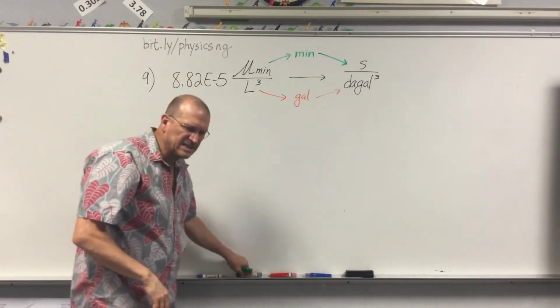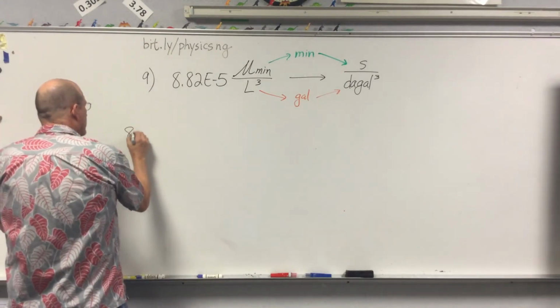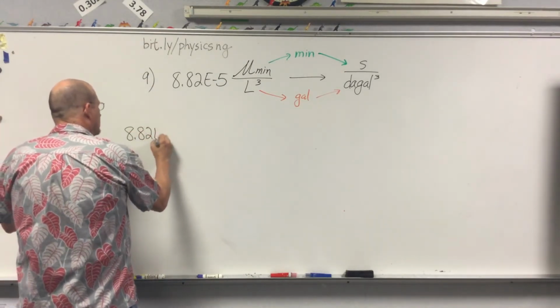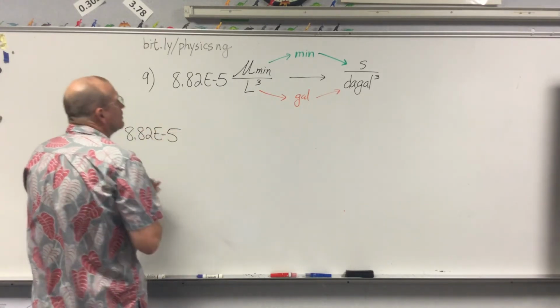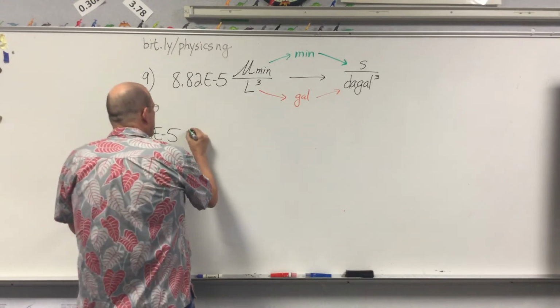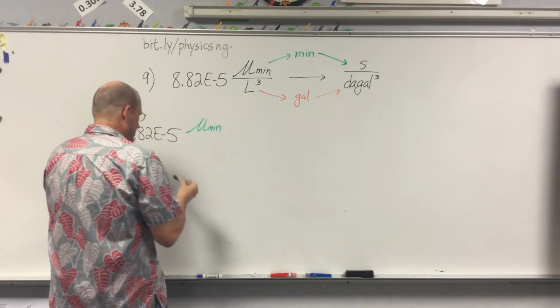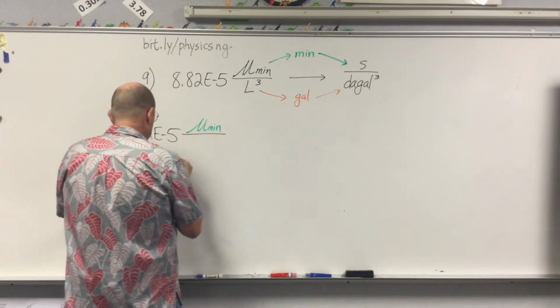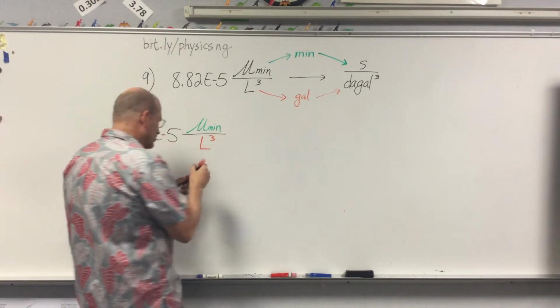So now we're all set to set things up. We start with 8.82 e negative 5, but this time we will put the microminutes in green over liters cubed in orange.